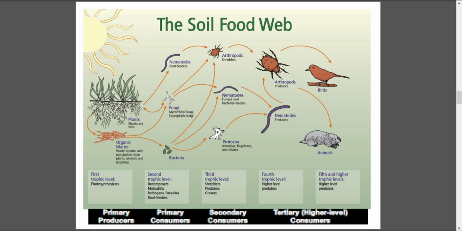And finally we have the animals, the small mammals and the birds, which feed on the higher arthropods and nematodes. So mainly we have the producers, and then we have the consumers and the decomposers.